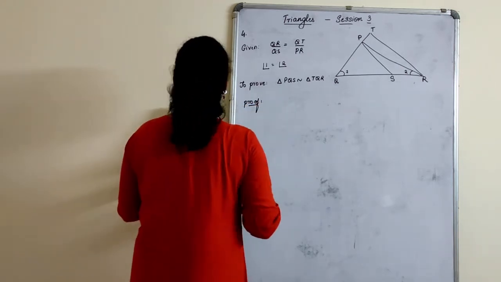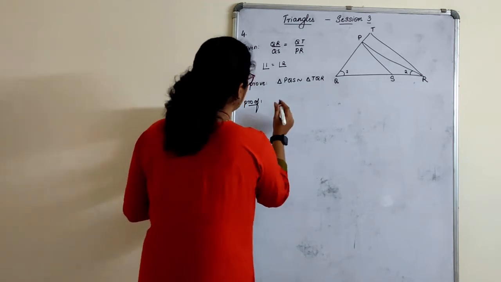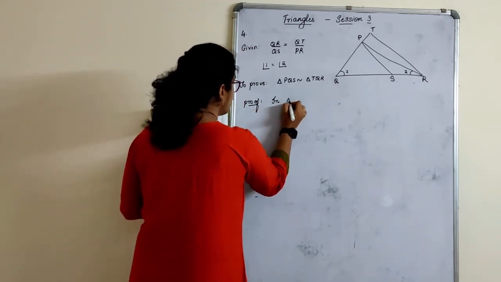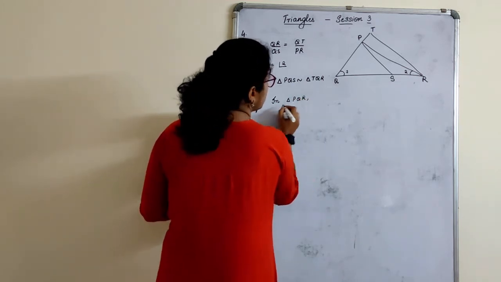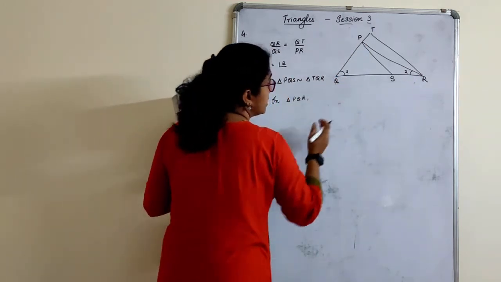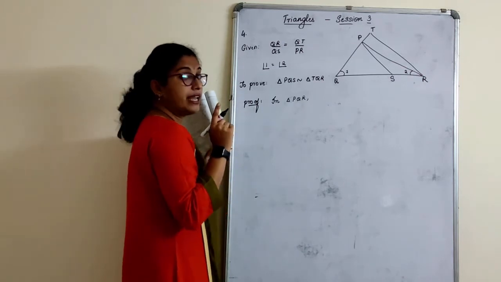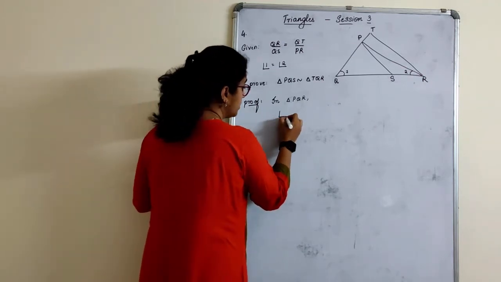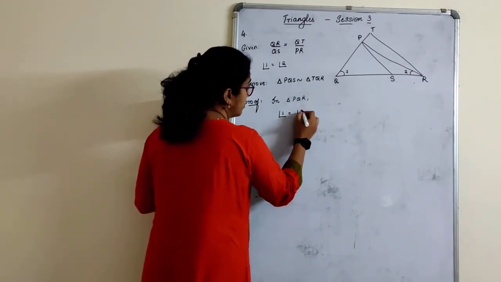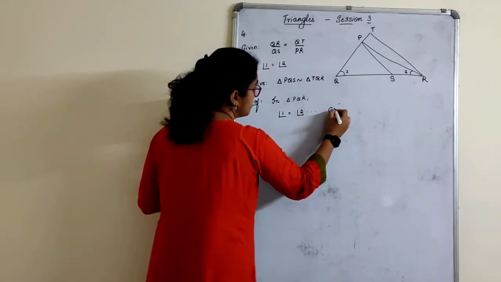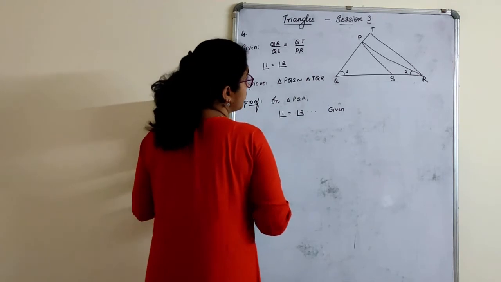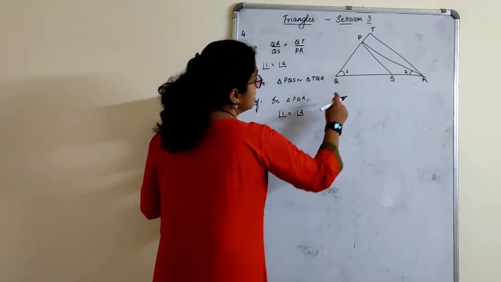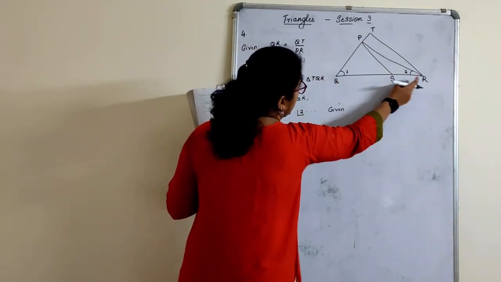In the proof part, I will choose triangle PQR. Why have I chosen this triangle? Because I have angle 1 and angle 2 in PQR only. Angle 1 is equal to angle 2, given. With respect to these equal angles, now it is in PQR.